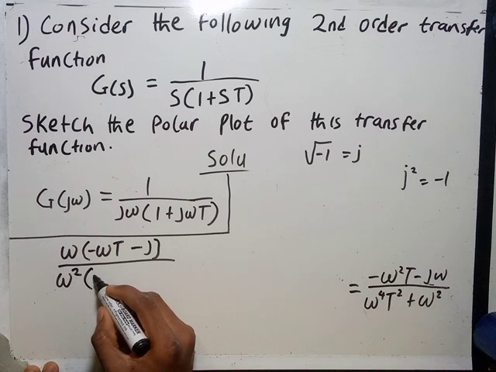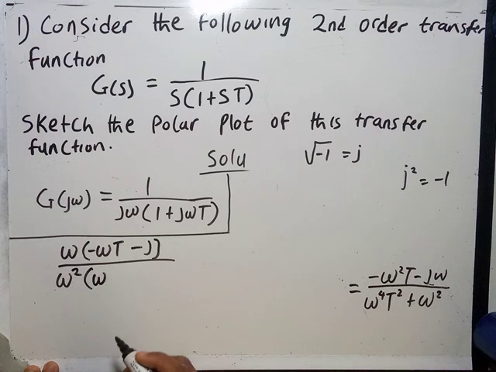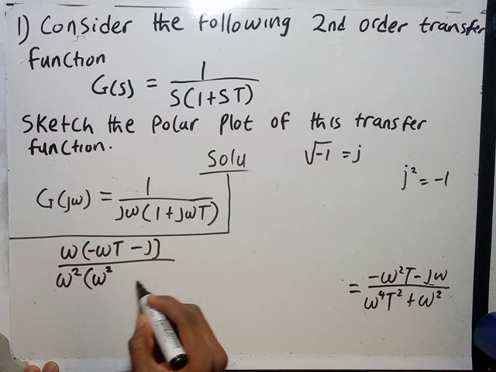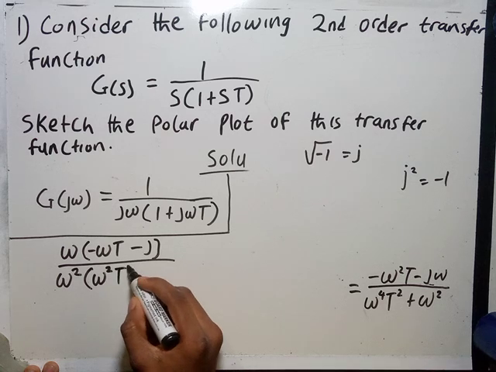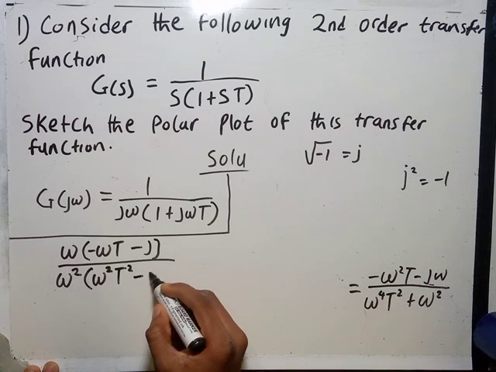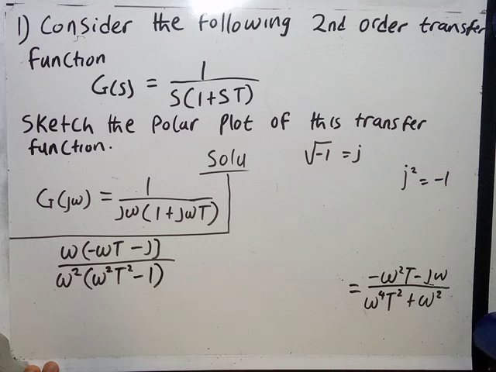Here will be ω squared t squared minus 1. I have not done anything extraordinary here. It's just the same thing.